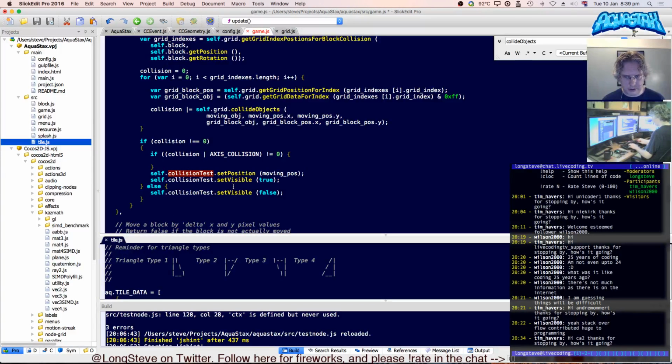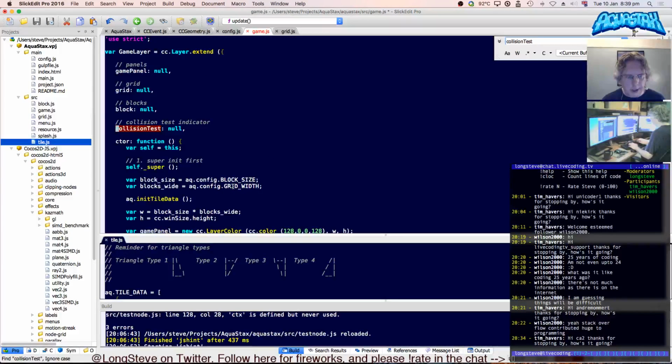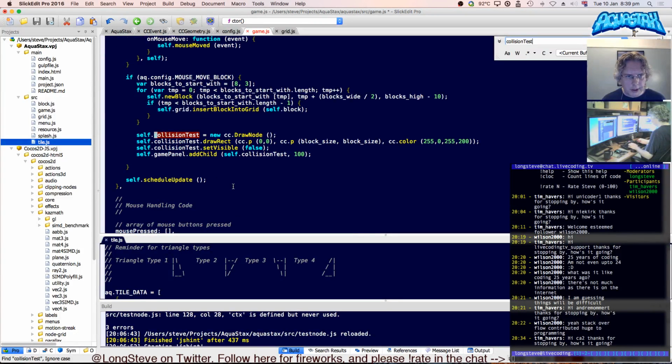Collision test. Just going to see what color I've got at the moment for collision test. There it is, cc.color. That.